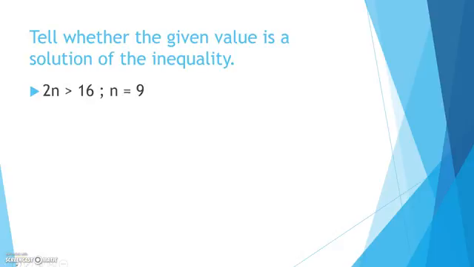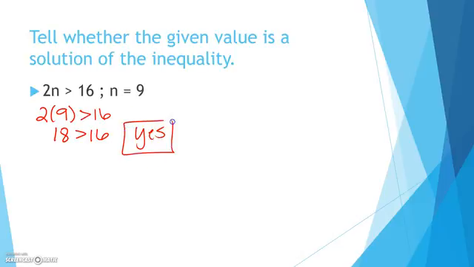We're given the inequality 2n is greater than 16, and we're checking to see if 9 is a solution for n. So we plug in 9 for n, so 2 multiplied by 9 is greater than 16. The product of 2 and 9 is 18, and I have to decide, okay, is 18 greater than 16? Yes, it is, so this is a solution.